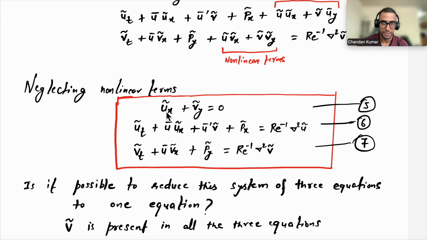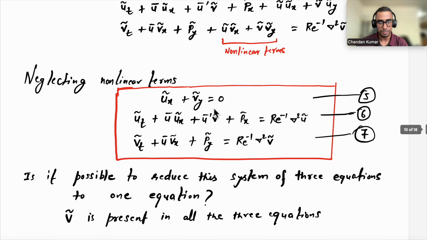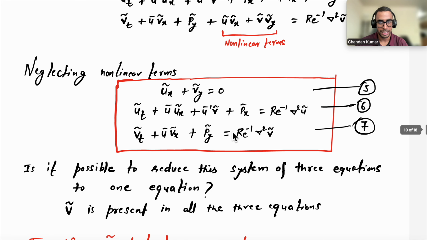If we look at the continuity, we see the u perturbation and v perturbation, but there is no p perturbation. So obviously the continuity equation cannot be expressed in terms of p perturbation. If we look at the x momentum, here we have the u perturbation, v perturbation, and p perturbation, so this can be expressed in any of these three. In the y momentum, we have the v perturbation and the p perturbation, but not the u perturbation. So this can be expressed in terms of v perturbation and p perturbation.